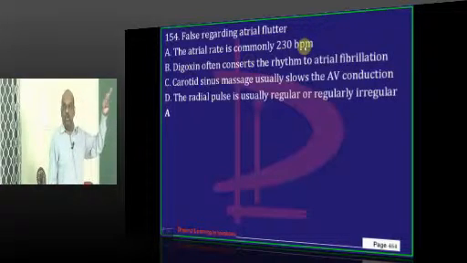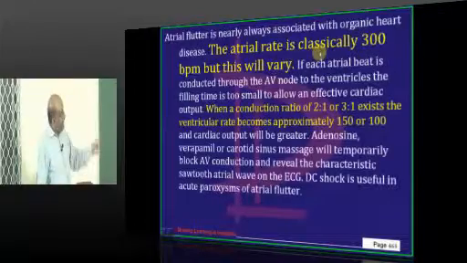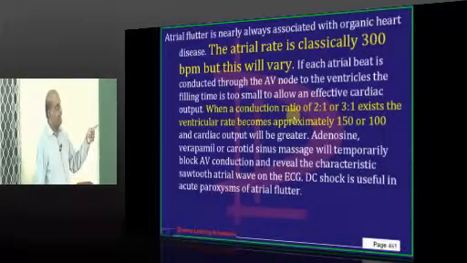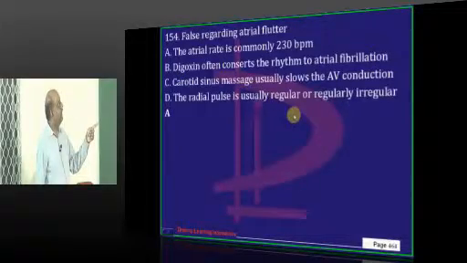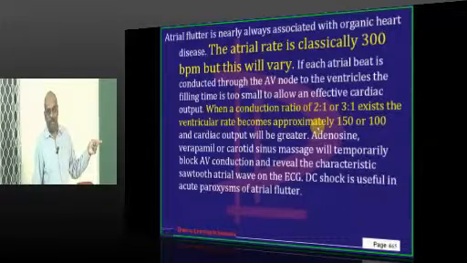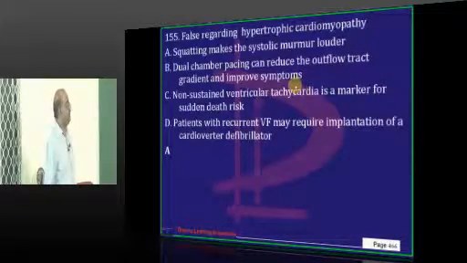So atrial rate 230 is not possible in atrial flutter. Atrial rate will be 300, ventricular rate will be either 150 or 100. These are the typical values which need to be remembered with regard to flutter.